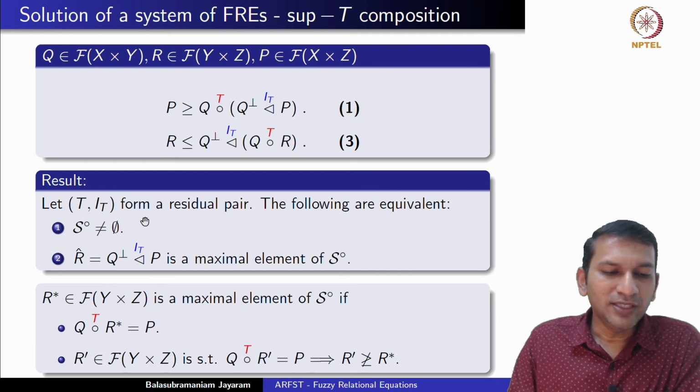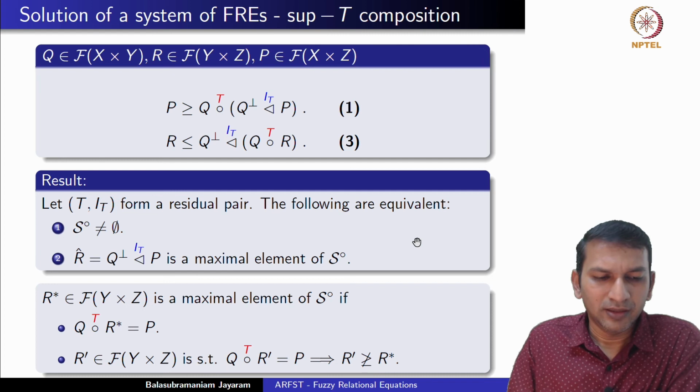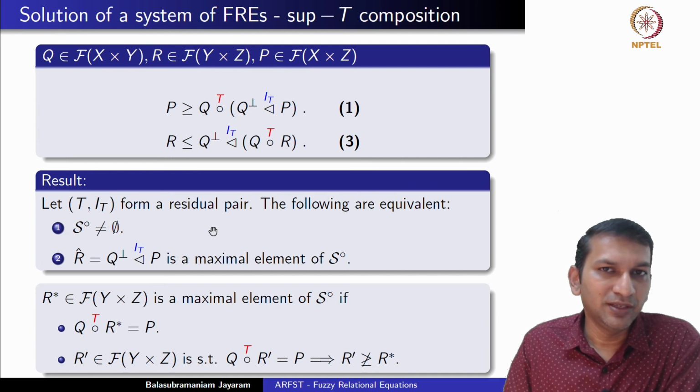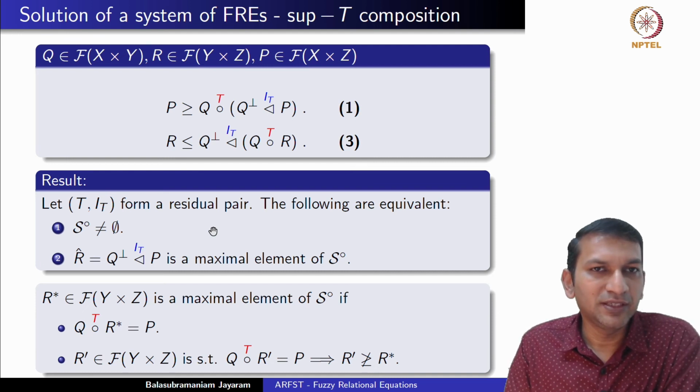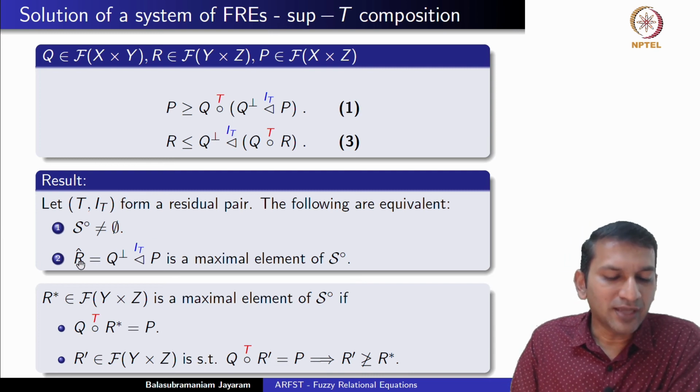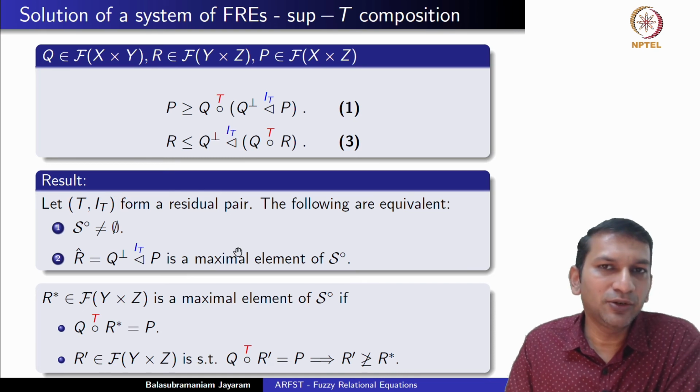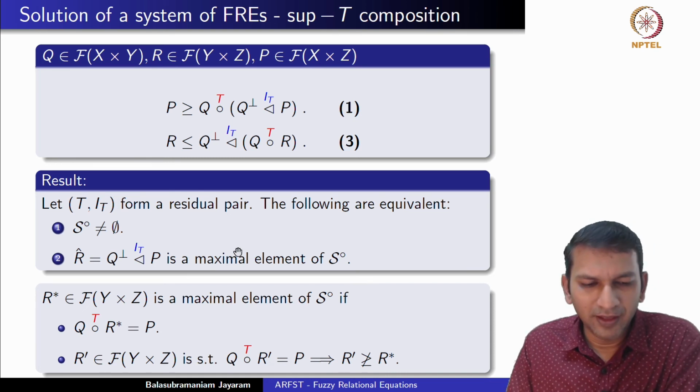So essentially we have proven this result, that the solution space for sub T composition, where Q and P are fixed with R unknown, does have a solution if and only if this R cap, which is Q inverse delta P, is a maximal element of the solution space.